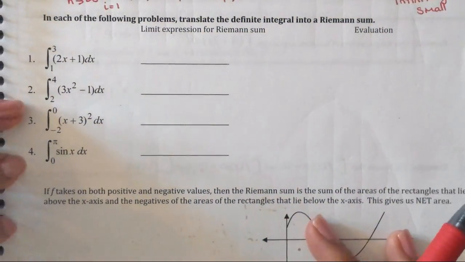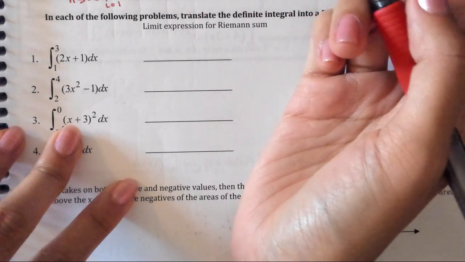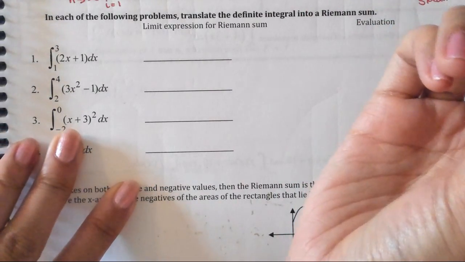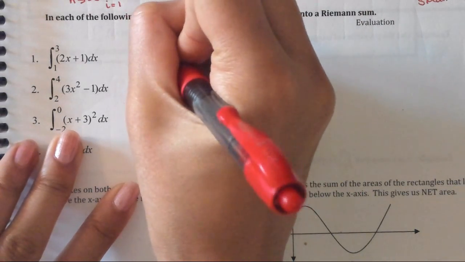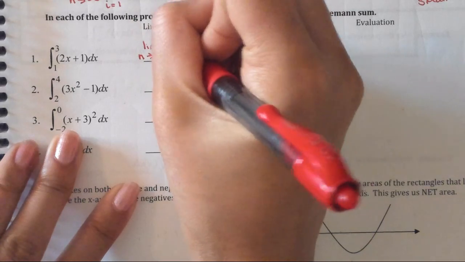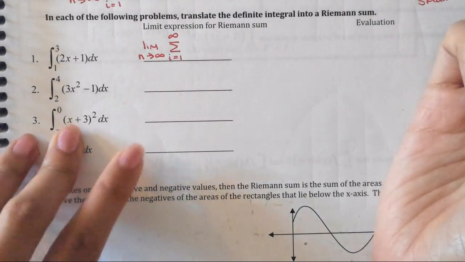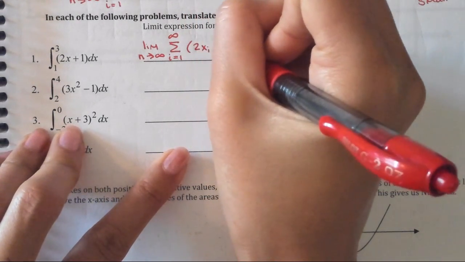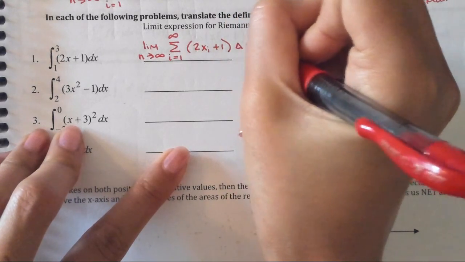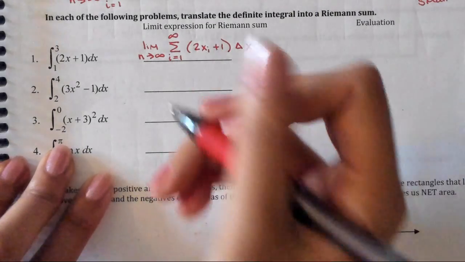Okay, I'm going to do the first couple, and then you should try the next couple on your own. Maybe pause the video after number 2 and see if you get the same Riemann sums as I do. For the first one, we're going to go limit as n goes to infinity of the sum, starting at the first rectangle going to the last rectangle, of the function times delta x. So that's what this one will equal.